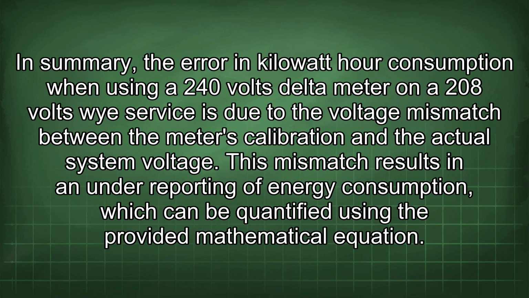In summary, the error in kilowatt-hour consumption when using a 240 volts delta meter on a 208 volt Y service is due to the voltage mismatch between the meter's calibration and the actual system voltage. This mismatch results in an underreporting of energy consumption, which can be quantified using the provided mathematical equation.